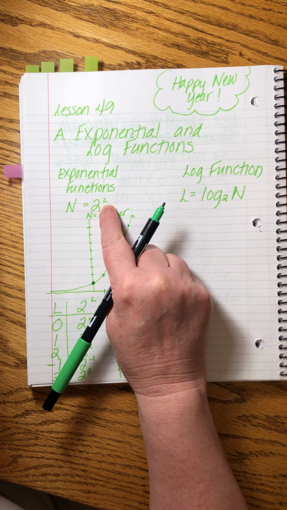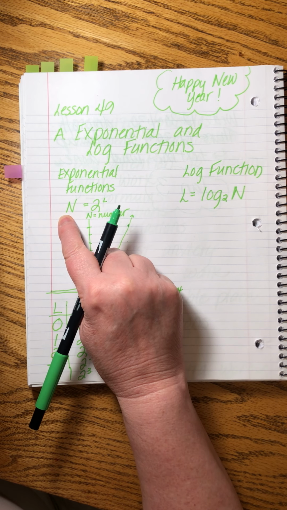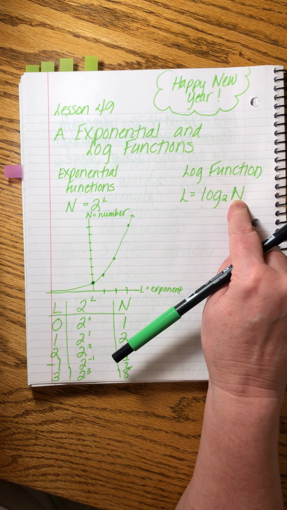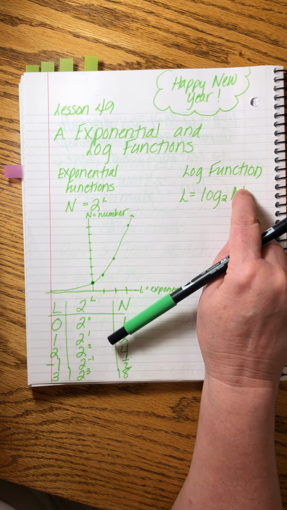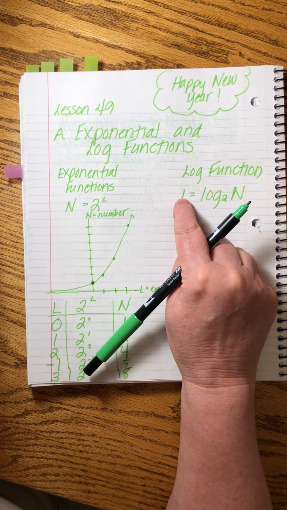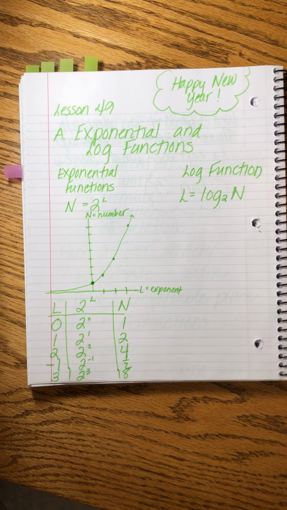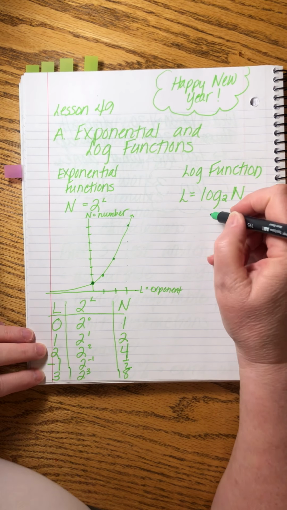Here we started with the log, or the exponent, as our independent variable, and we calculated to find our number. Here it's vice versa. The independent variable, the one that we choose, is the number, and then we'll back into that to find what's the exponent that you put on 2 to get that number. Do you see we're switching around the values?